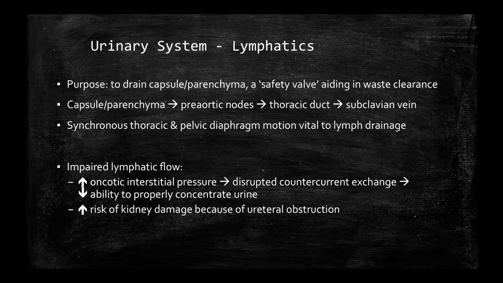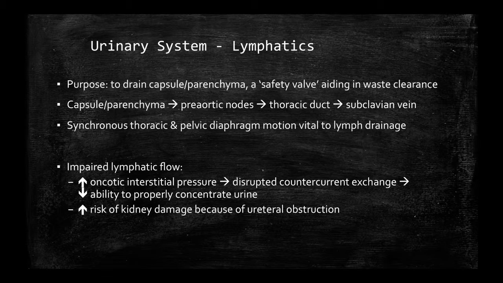The lymphatics of the urinary system really are a safety valve that aids in waste clearance. It drains the capsule and the parenchyma and prevents backup of fluids. The flow of the lymphatics starts in the capsule and the parenchyma, moves to the preaortic nodes, then drains into the thoracic duct and the subclavian vein.